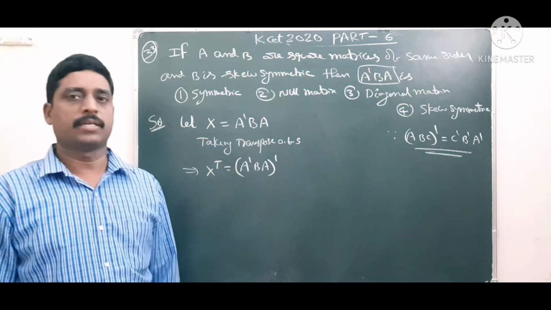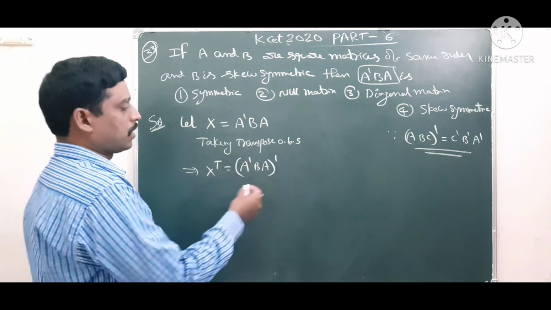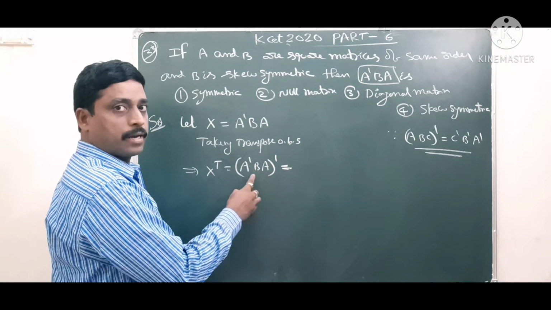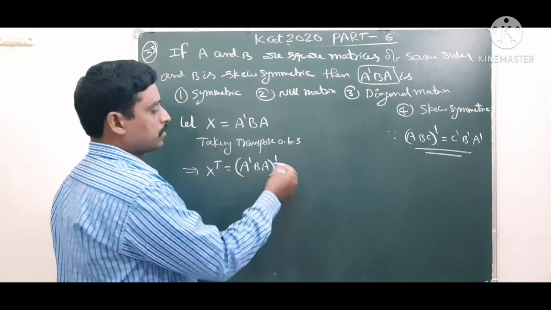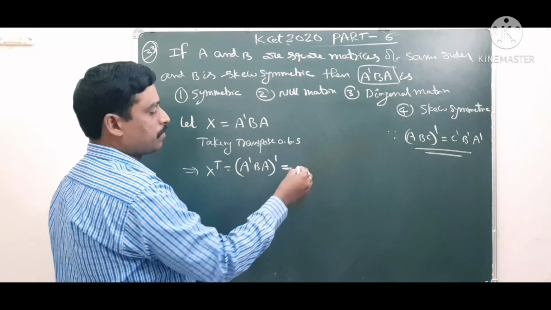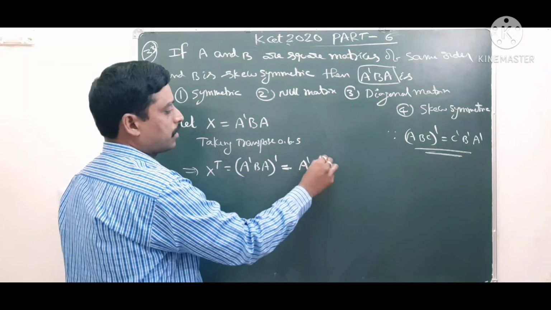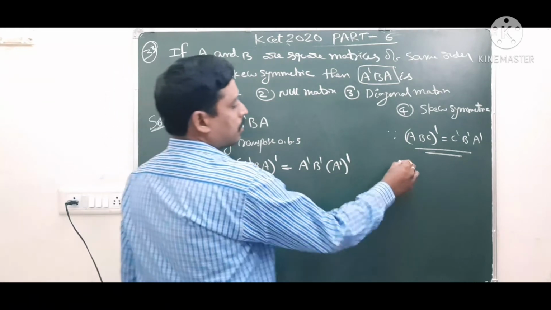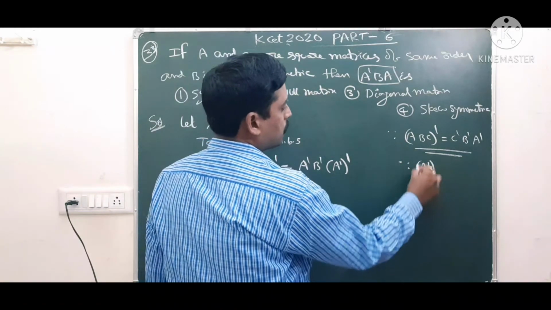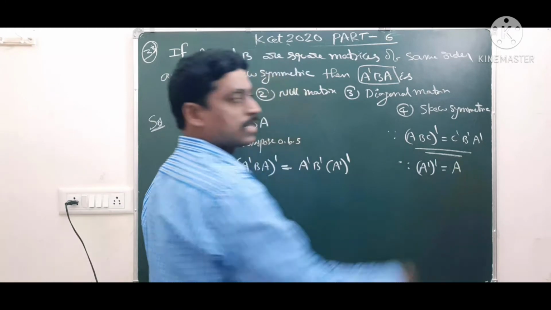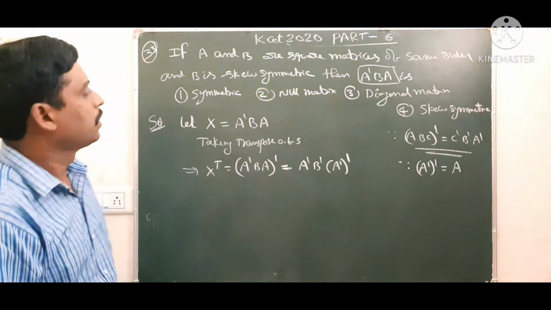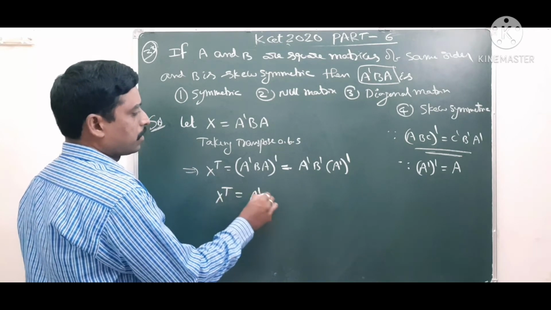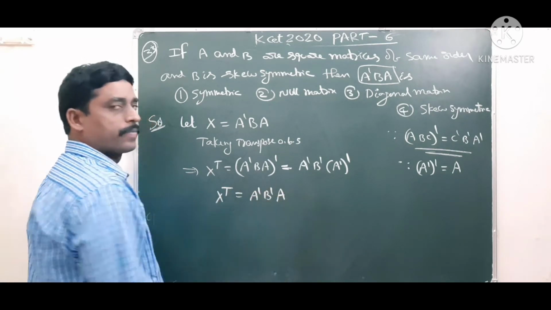So by using that formula, we get A dash, B dash and A dash whole dash. But double transpose, A dash whole dash is equal to A. A transpose whole transpose is equal to A. So x transpose is equal to A dash B dash A.